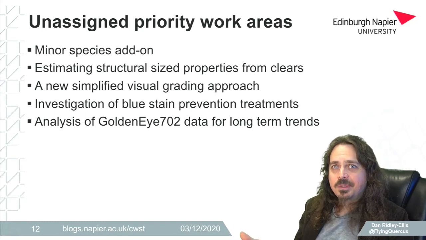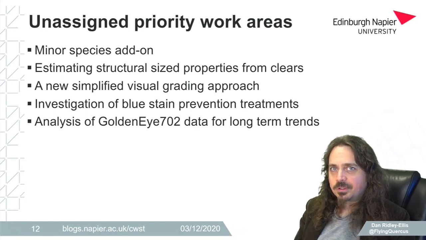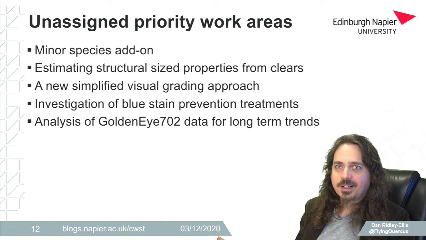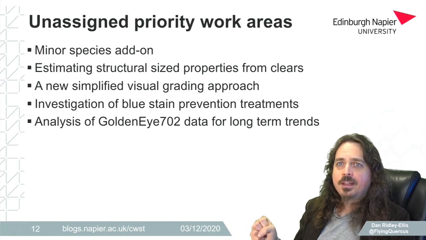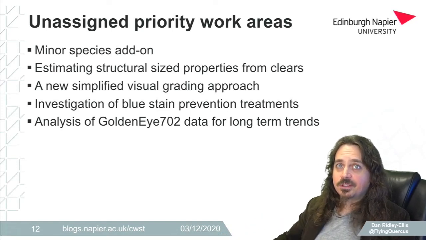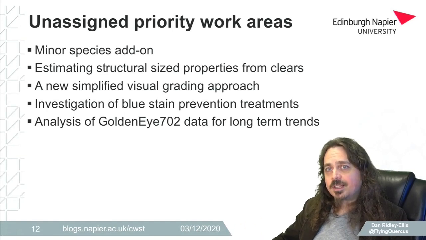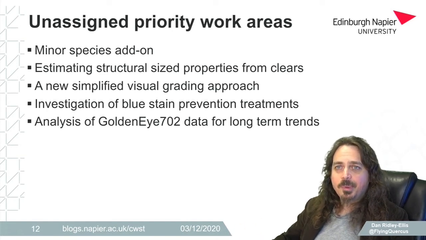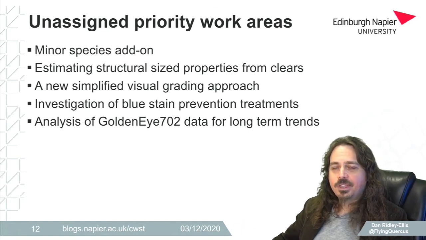So most of the timber is perfectly adequate, but most of the grading rules will end up rejecting timber because they're aiming for higher grades than necessary for those buildings. So I think there is potential for a new simplified visual grading approach for those circumstances where we have quite simple buildings and it's just a case of people wanting to use the timber and get it past the structural assessment or the structural checks for the design.